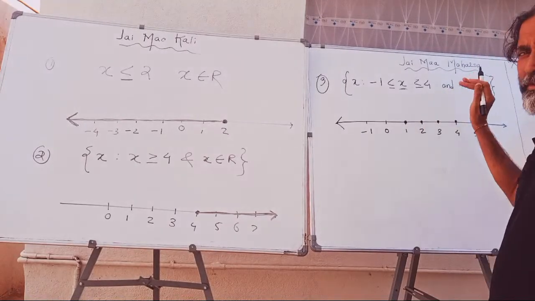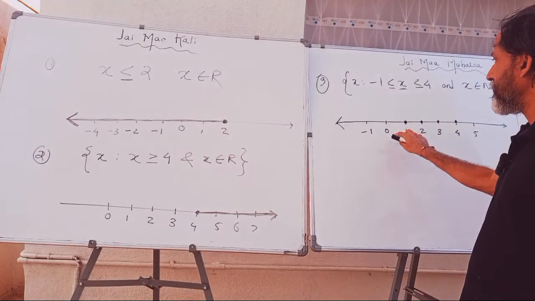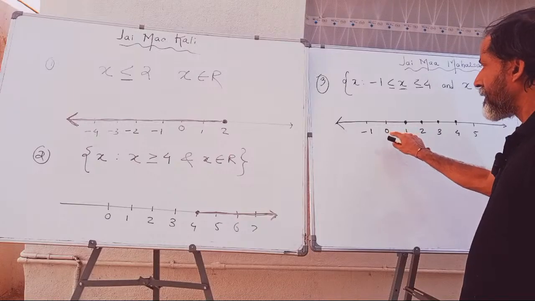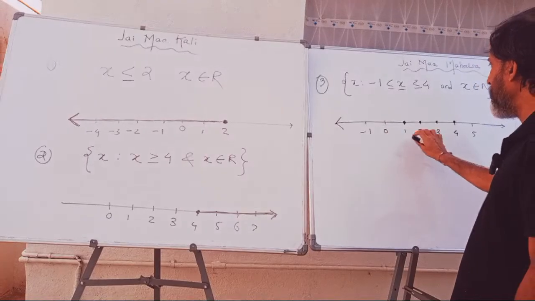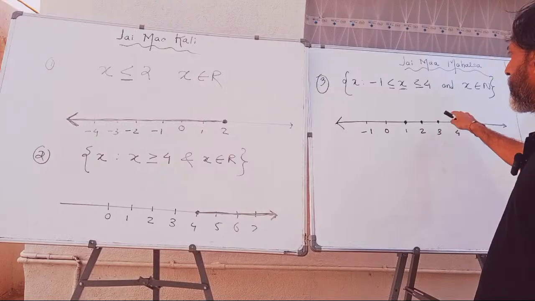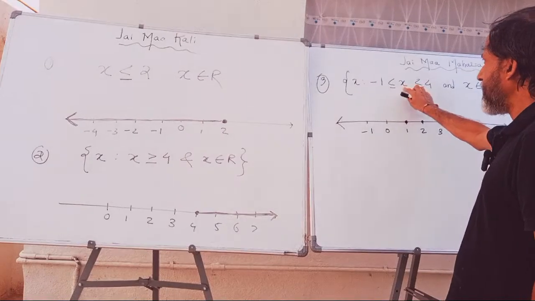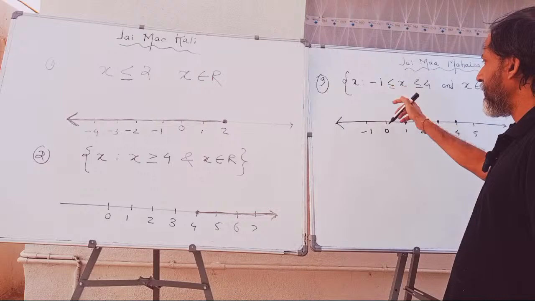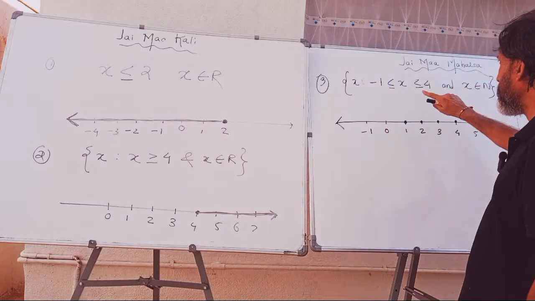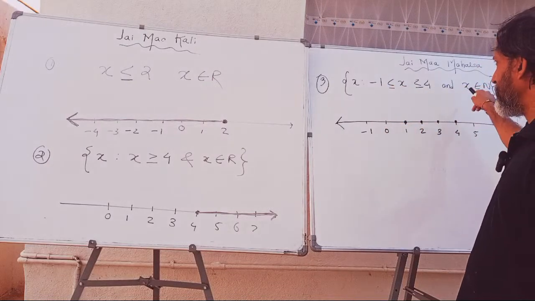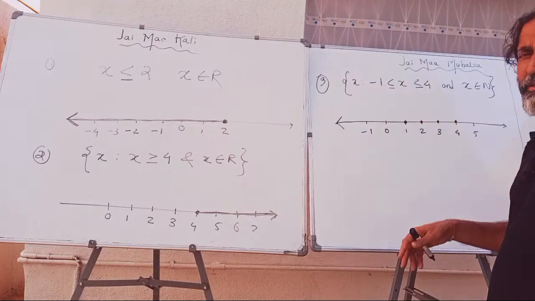Natural numbers are numbers greater than 0 and integer values, so 1, 2, 3, 4, 5, 6, 7, 8, whatever. In this case, x is greater than or equal to -1, but x cannot be -1 because -1 is not a natural number, and 0 is not a natural number. 1, 2, 3, 4 are natural numbers, so they suffice.